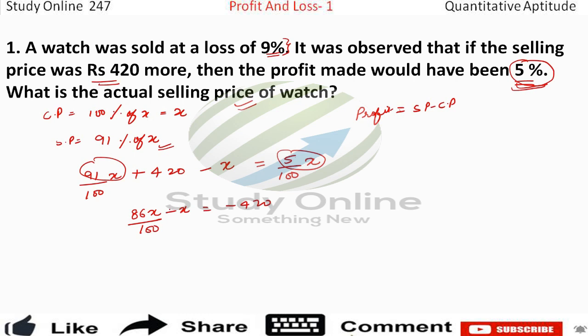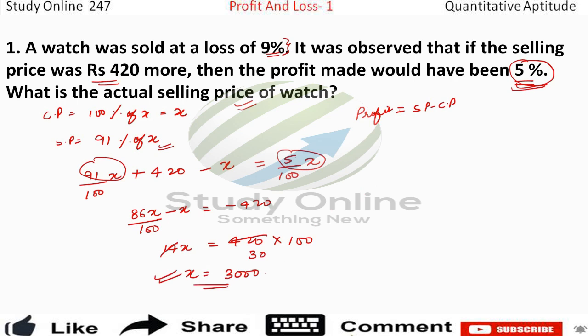Then we have 100 minus 86 is 14, so 14X is equal to 420 into 100. When we calculate this, X is 3000.